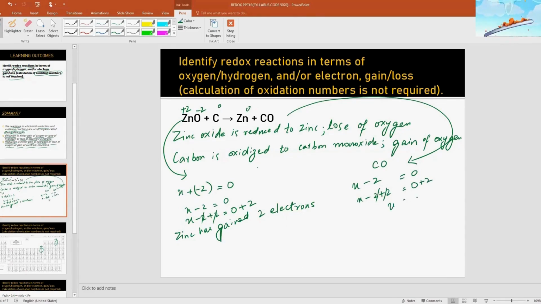Therefore, the charge on C will be +2. Look at these workings very carefully. C is oxidized to CO because it has lost 2 electrons. This is oxidation, and the one I've already explained is reduction.